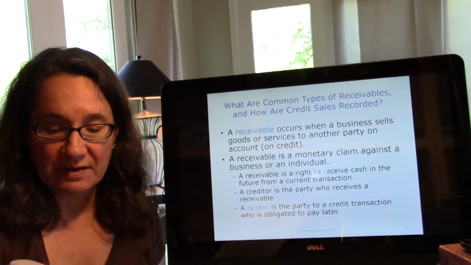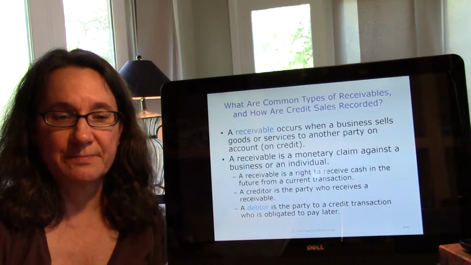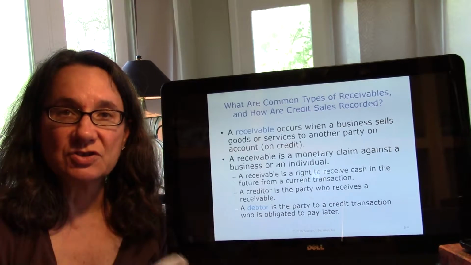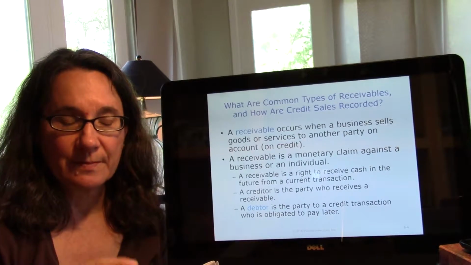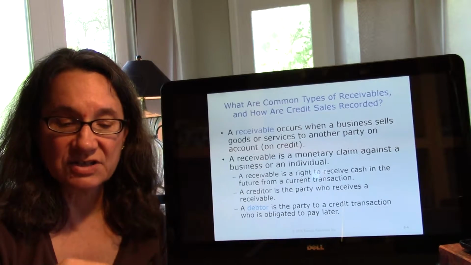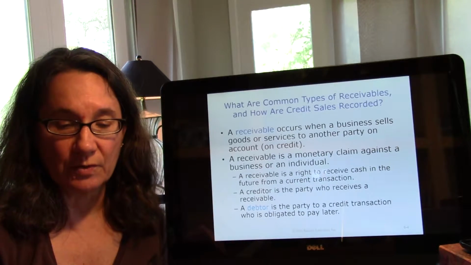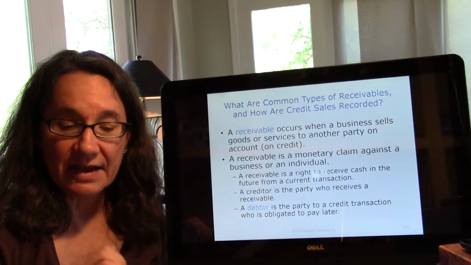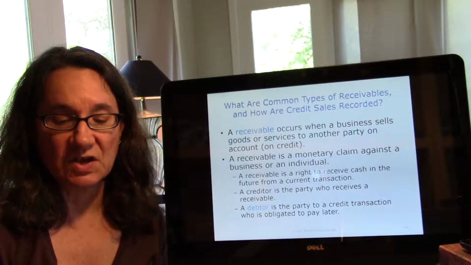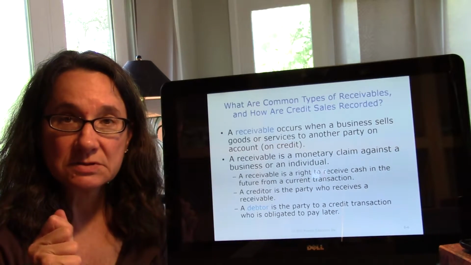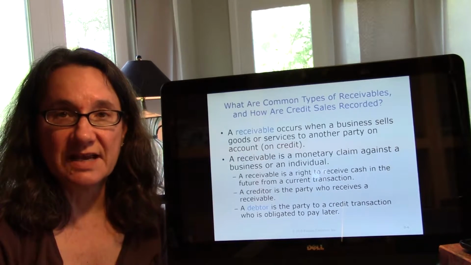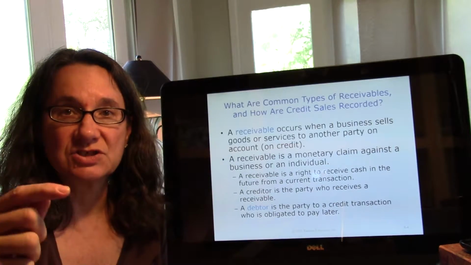Each receivable involves two parties, the creditor and the debtor. The creditor receives a receivable, the asset. The creditor will collect cash from the customer or borrower. The debtor is the party to a credit transaction who takes on an obligation or payable, a liability. The debtor will pay cash later.